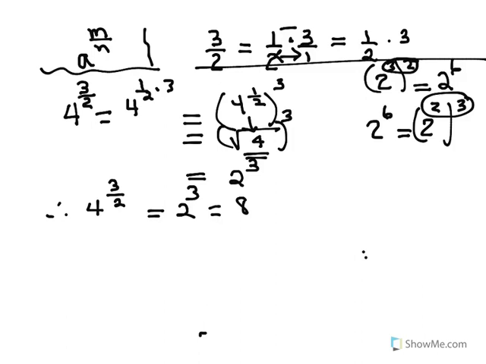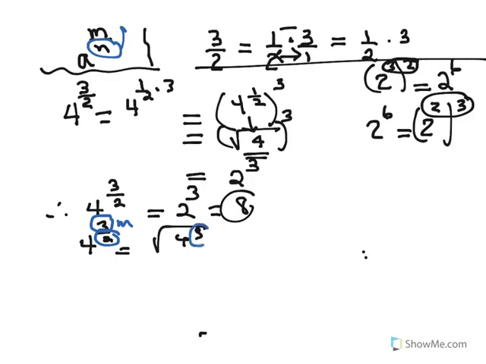So what does that mean? 4 to the 3/2, I want you to see where we stopped before we got to the 8. 4 to the 3/2 can be written as the square root of 4 to the third. So this number right here is my m, and this number right here is my n.